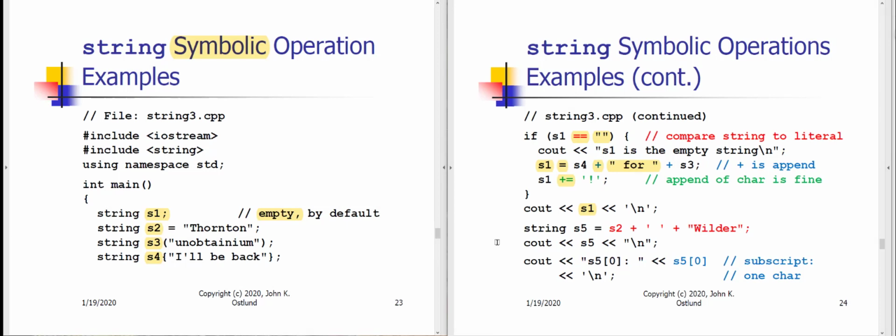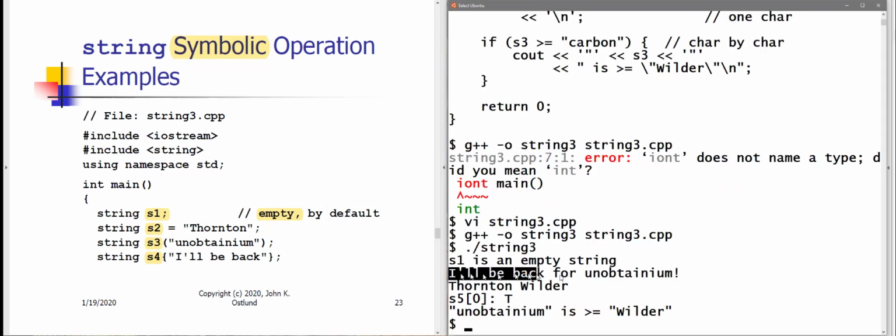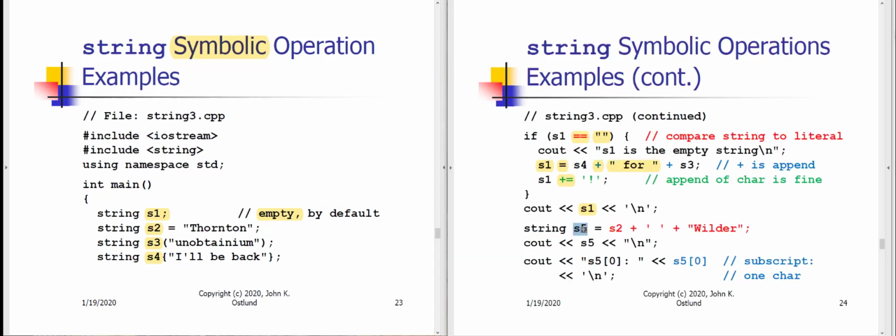Here's my output. I'll skip back to my Ubuntu window, and there we are. There's that line of output. I'll Be Back for Unobtainium! Exclamation mark. All right, here I am declaring a string object S5 that I'm initializing as S2, Thornton, plus a space.